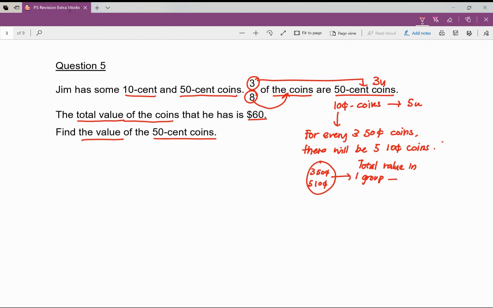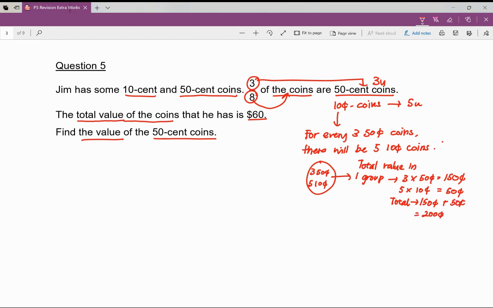So 3 50-cent coins is 3 times 50 cents, which is 150 cents. And then 5 times 10 cents gives me 50 cents. So in total, it will be 150 cents plus 50 cents, that gives me 200 cents.